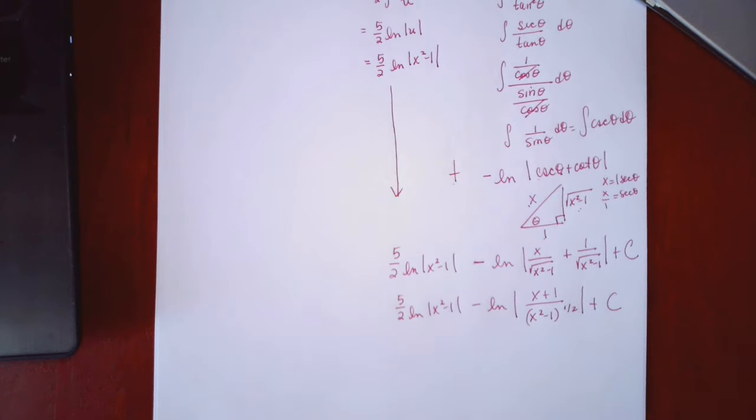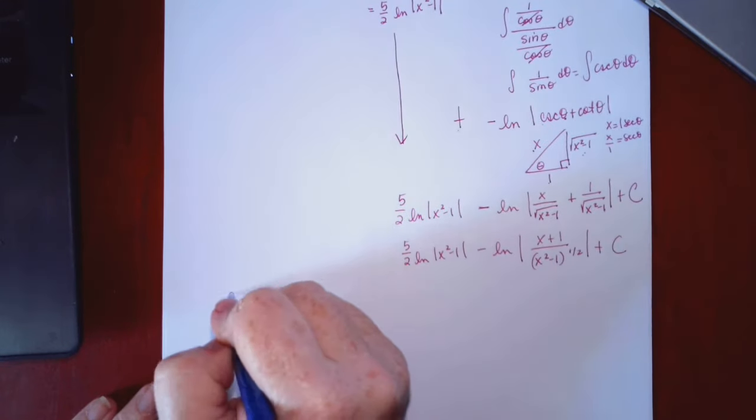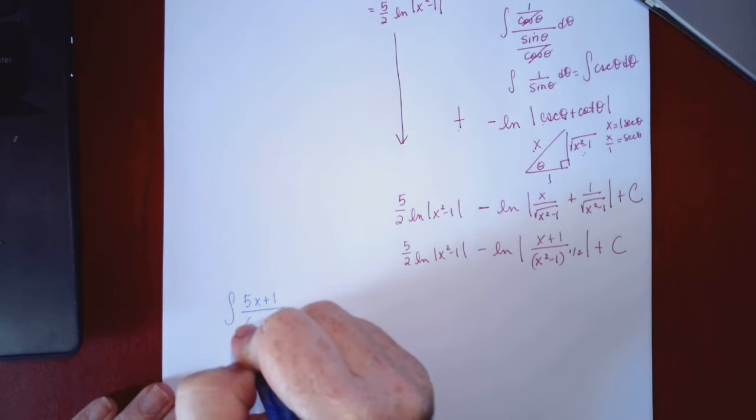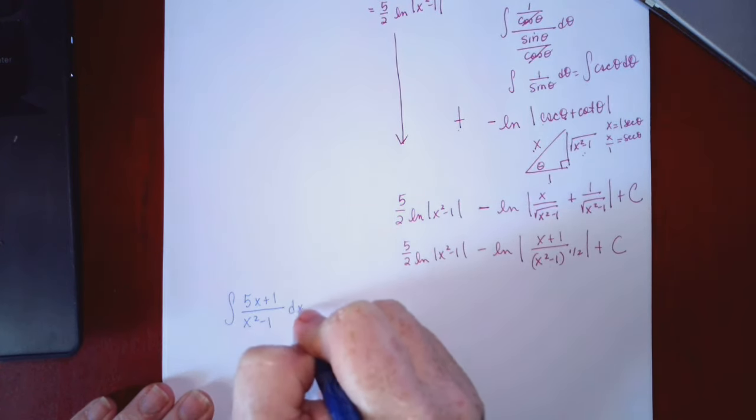Can we integrate it that way? Absolutely we can. Perfectly reasonable way to integrate that problem. But what if I told you that the fraction that's involved in that integral could be rewritten as this.